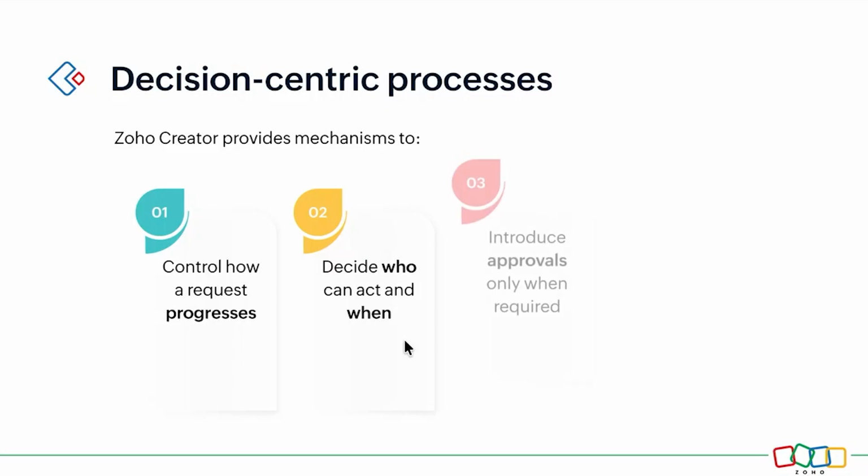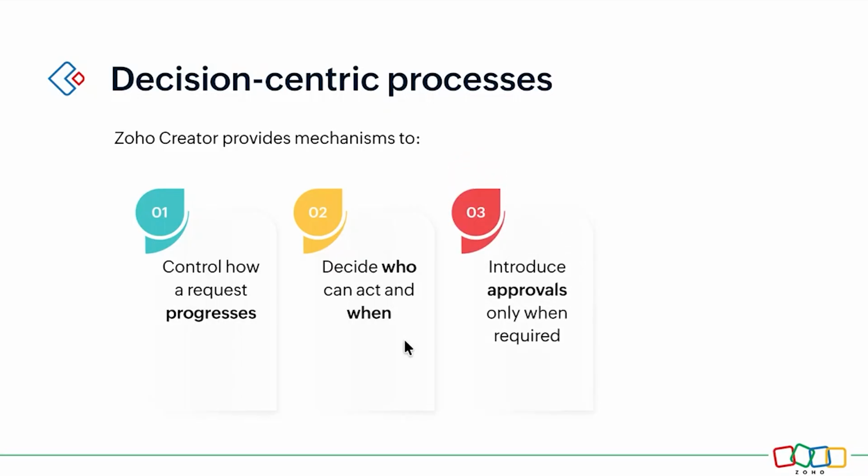The third step is introducing approvals only when required. Once the submission is done by the employee, it has to go to approval. To process this, we have a feature called approval workflow. With the approval workflow feature, we can manage approvals in an easier, automated way.